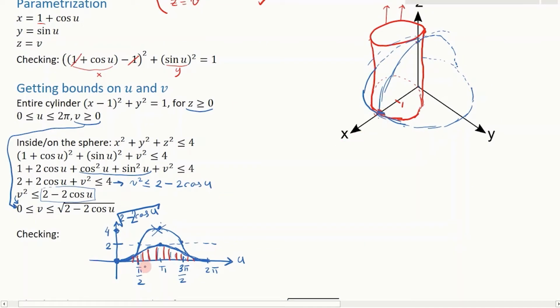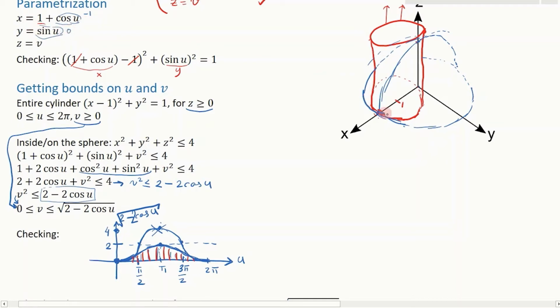Then when u increases and goes all the way to pi, we have the bound equal to 2. When u equals pi, we have x equal to 0, because cosine u is equal to -1, and sine of u would be 0 again.